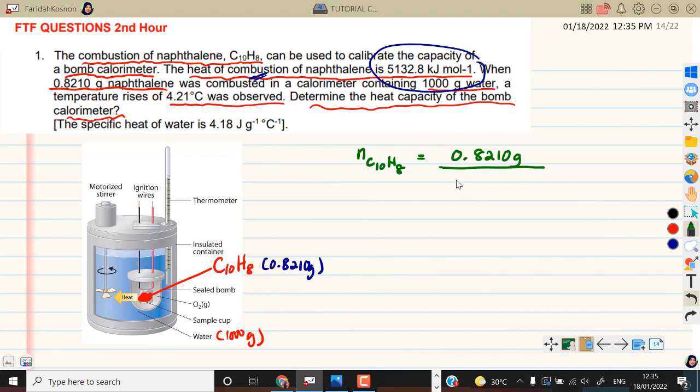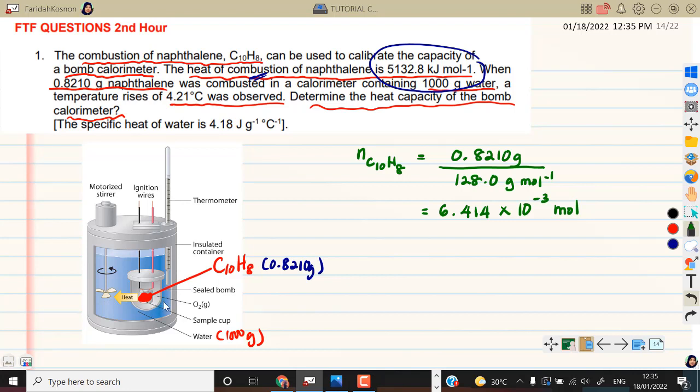So the molar mass of naphthalene is 128.0 gram per mole. So when you calculate the mole, you will get around 6.414 times 10 to the power of negative 3 mole. Okay, so this is the mole of naphthalene yang kita masukkan dalam bomb calorimeter itu.